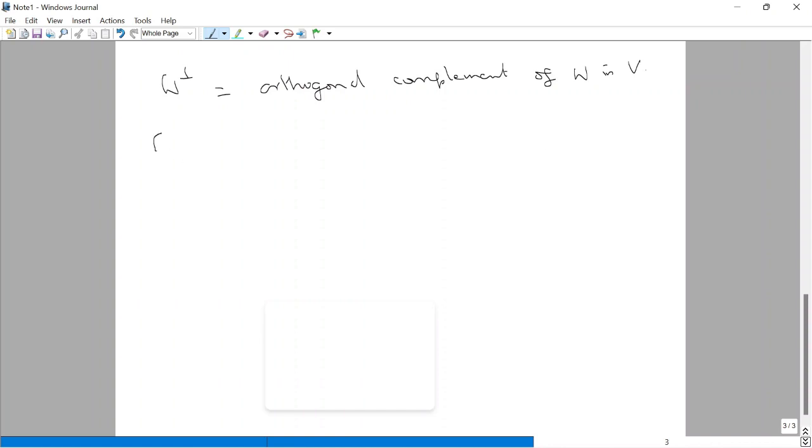Let us look at a quick example. Suppose my V equals R3 with the dot product, and my W equals, let us say, the YZ plane.